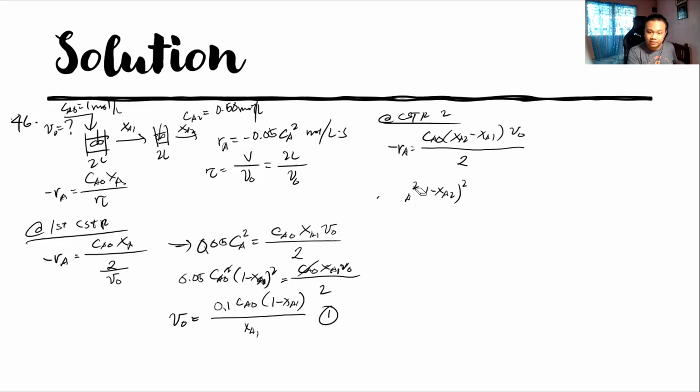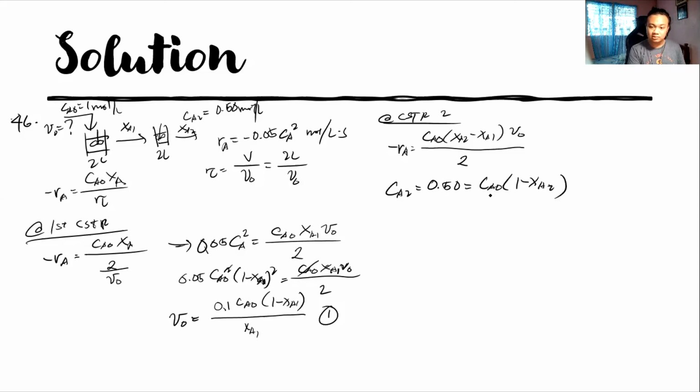I don't know. We can know XA2 there. We can know XA2, diba? XA2 is just we can know this by this equation. So CA2, diba? CA2 is 0.5. And then what is that equal to? That's CaO 1 minus XA2.